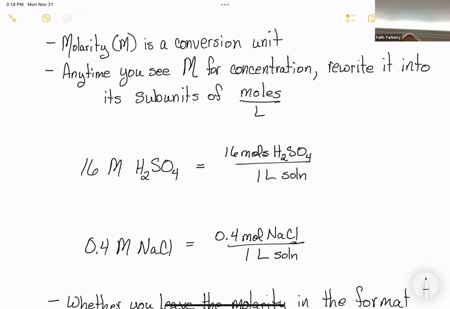I have seen students take that capital M and mistake it as moles when they start doing their calculations. I have seen students take that capital M and not know what to do with it when it got to the calculations.